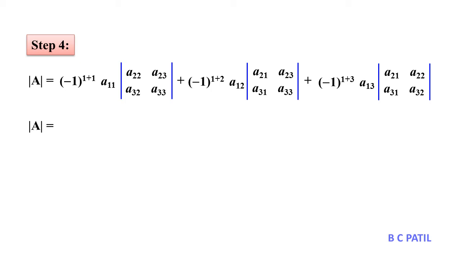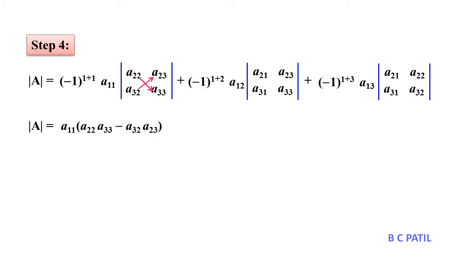Minus 1 raised to 1 plus 1 is minus 1 squared, which is plus 1. Plus 1 into A11 is A11, times the determinant of the 2 by 2 matrix. It is obtained by the product of diagonal elements minus the product of non-diagonal elements, that is A22 into A33 minus A32 into A23.